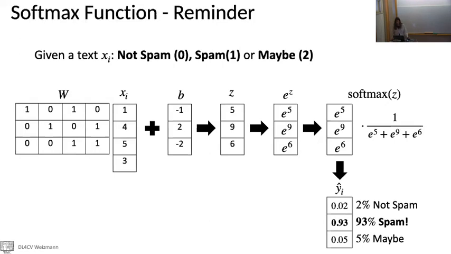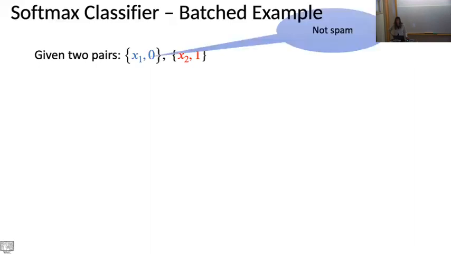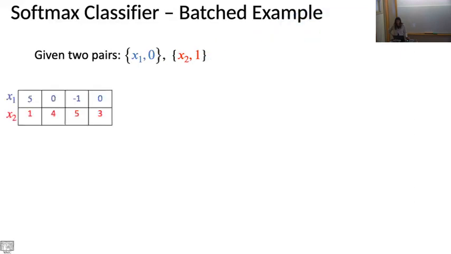Just to remind you, this is how the computation looks for one example. We have xi as a vector, and then we do a matrix and vector multiplication, then sum. This is only for how we compute the prediction, for one example. What if we have a batch of examples? Let's examine how it looks for a batch of 2 examples. Let's say the first one is classified as not spam, the second one is classified as spam.